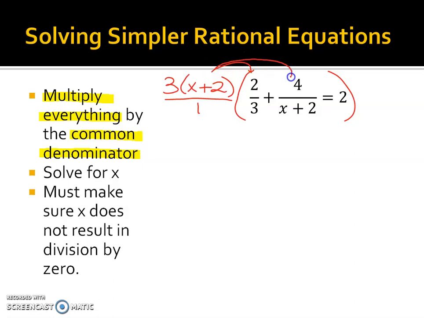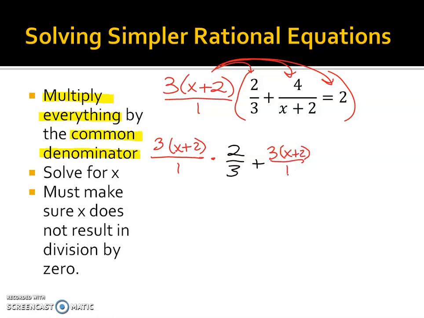And I'm going to multiply the whole thing by each of these. This is a lot of work to show, and as you get better at it, you won't need to show all this work, but just to show you what we're doing, I am taking 3 times x plus 2 over 1 times 2/3. Then plus, I am taking my 3 parentheses x plus 2 over 1, and multiplying that times 4 over x plus 2.